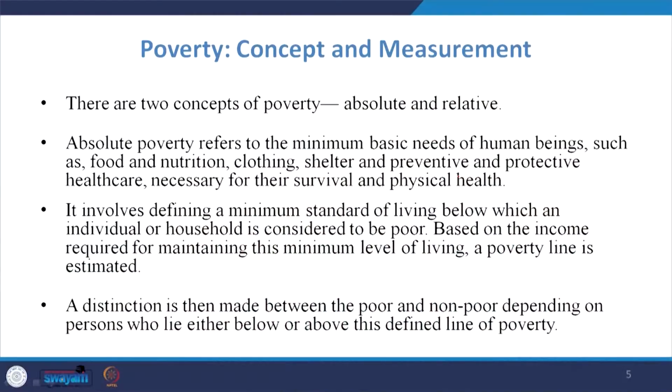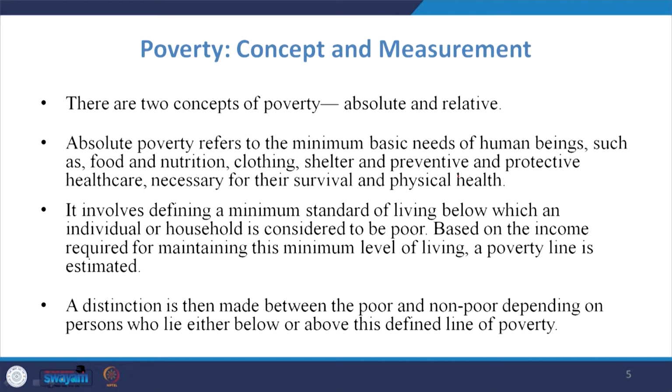One is absolute poverty and the other is relative poverty. Let me first explain what is absolute poverty. Absolute poverty refers to the minimum basic needs. I am repeating, absolute poverty refers to the basic minimum needs of human being, such as food and nutrition, clothing, shelter, preventive and protective health care necessary for survival and physical health.